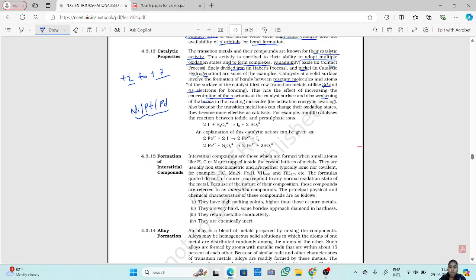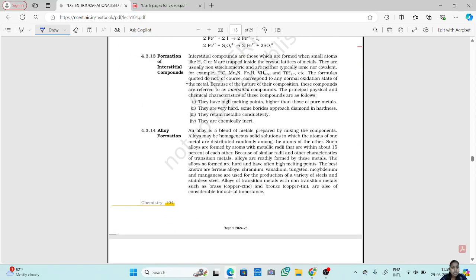Now also, because transition metal ions can change their oxidation state, they become more effective as catalysts. As I already told you, because of their changing oxidation states, they can become even more effective as catalysts. Now these are some of the reasons why they can be considered good catalysts.